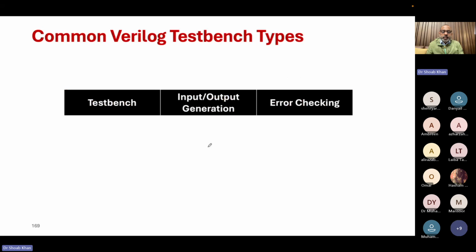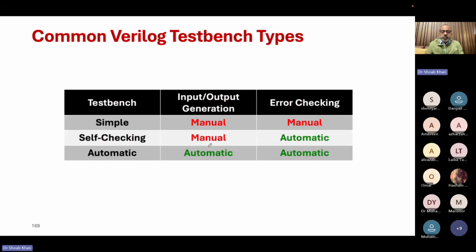So there are 4 ways. One is your inputs and outputs are manual, and your error checking is manual. This is the first step; you start by doing this. Once you have some initial design done, then you may want the checking to be automatic. You have a golden design, and it is just checking.